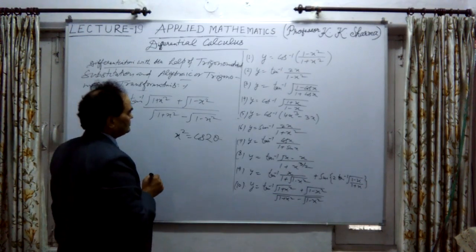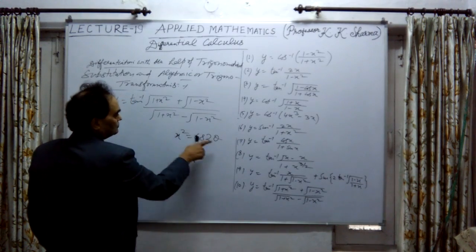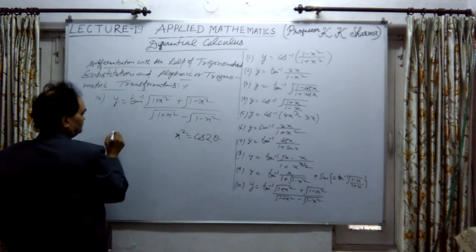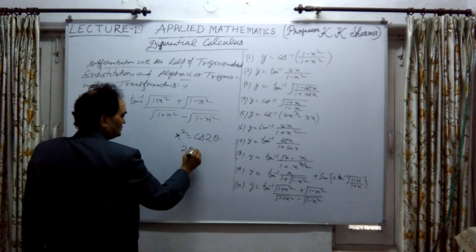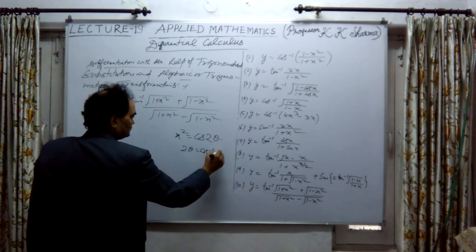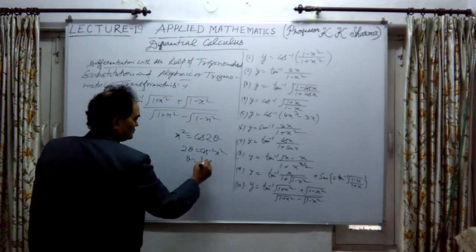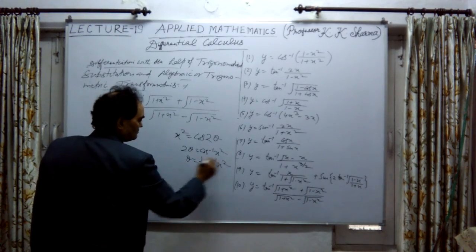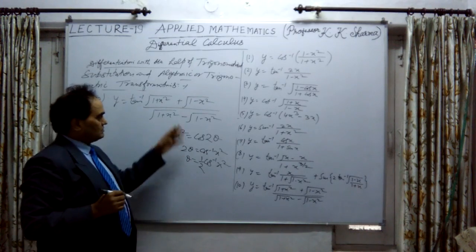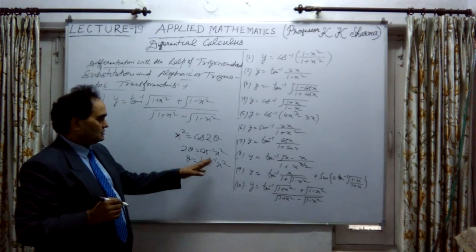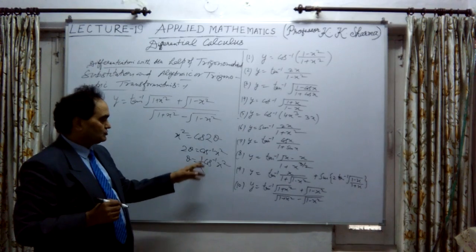That can be solved easily. If the value comes in terms of theta, we will substitute theta equal to half cos inverse x square.